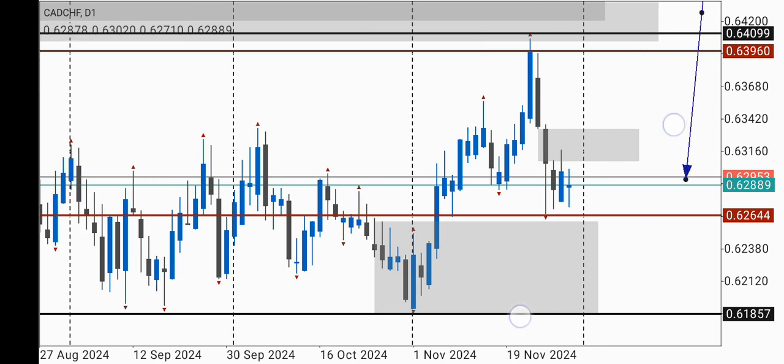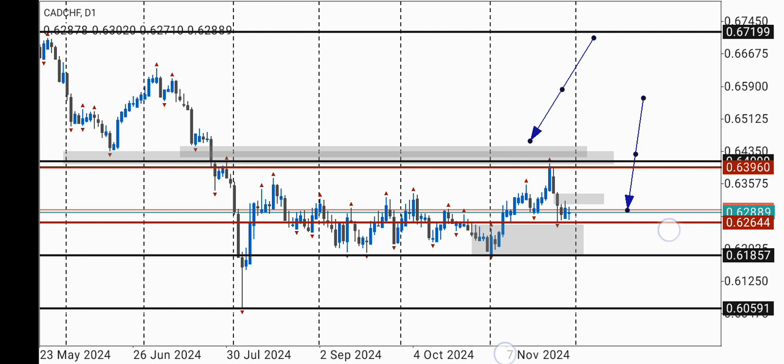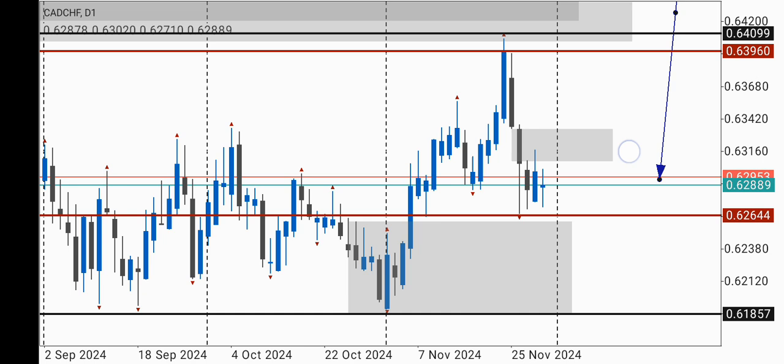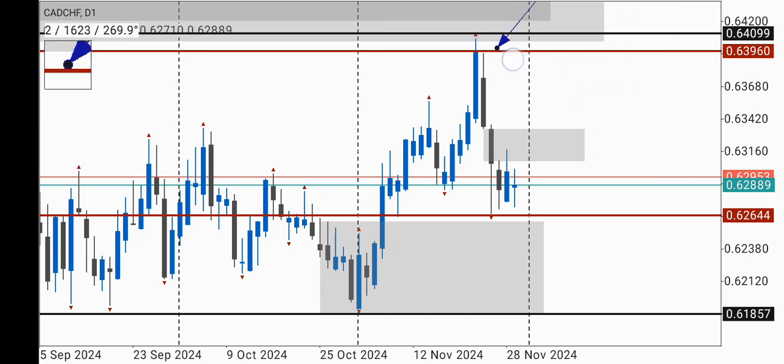If you look at this lower time frame, you see that price tapped through that particular monthly fair value gap, but it did not touch the weekly fair value gap. So we still have that in mind.